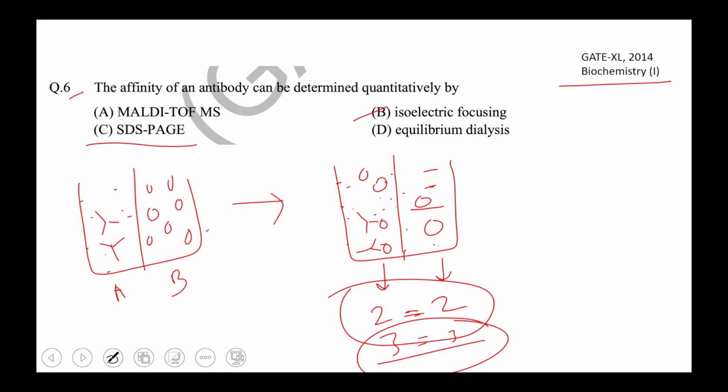That is how you can detect the affinity of antibody to an antigen, how many antigens it attracts, on a quantitative basis. That is what equilibrium dialysis is. Using equilibrium dialysis, you can identify the affinity of antibody quantitatively towards the antigen. So the correct option out of these 4 techniques is the fourth one, equilibrium dialysis.